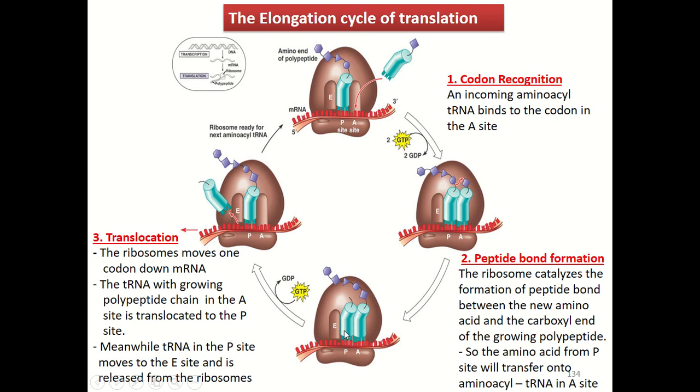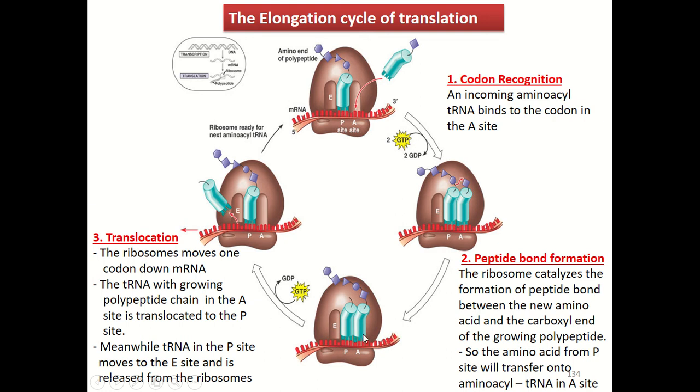Now, the tRNA at the P site does not have a polypeptide chain. Okay, so it's free from amino acid. After that, the translocation process will occur. In translocation, the ribosome will move one codon down the mRNA. So the mRNA transcript here will move so that these two tRNAs also will move from their original sites.